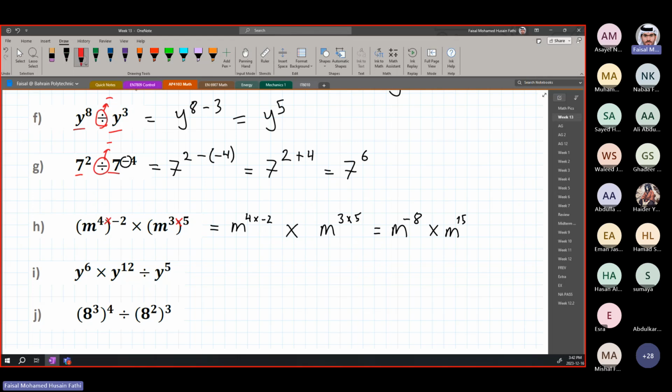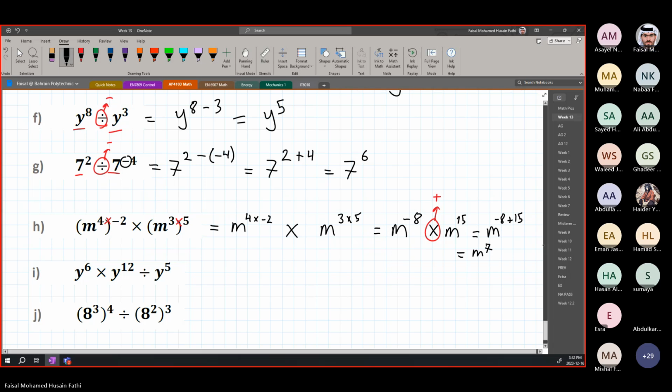We have multiplication. Multiplication becomes addition for indices or exponents. So this is m to the power of minus 8 plus 15, which is 7. Right? Yeah, it's simply 15 minus 8, which is 7. Okay? Clear?